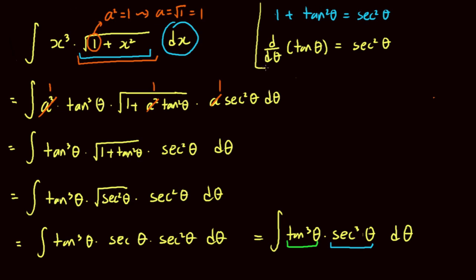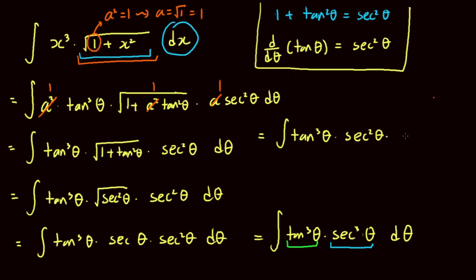So these two things we need to keep in mind, because I'm going to have to rewrite the integral in a very clever way. So we have tan cubed theta times sec squared theta times sec theta d theta.